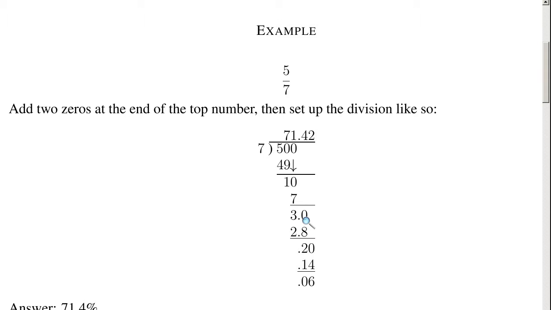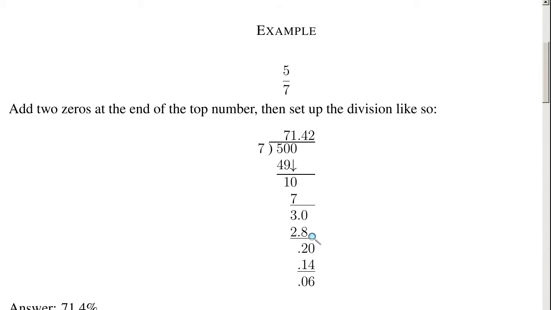And then the next one is 35, which is too big. 7 times 4 is 28. So you write 2.8 down here with the decimal in place, because we're thinking of it as being 28, even though in reality it's 2.8.